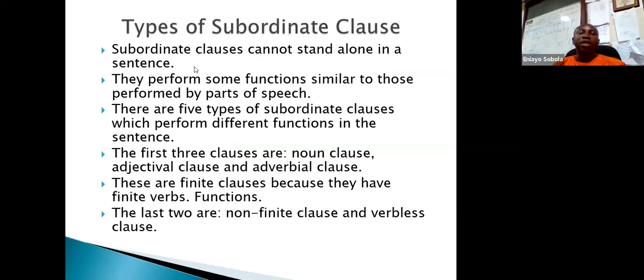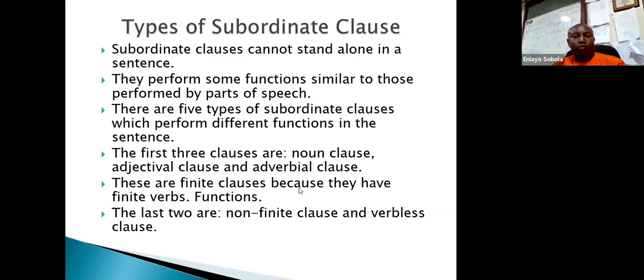So we said that a subordinate clause cannot stand alone in a sentence. They need the help of the main clauses. They perform some function similar to that of parts of speech. And there are 5 types of subordinate clause which perform this function. The first 3 are the major ones that we usually emphasize: noun clause, adjectival clause, and adverbial clause.